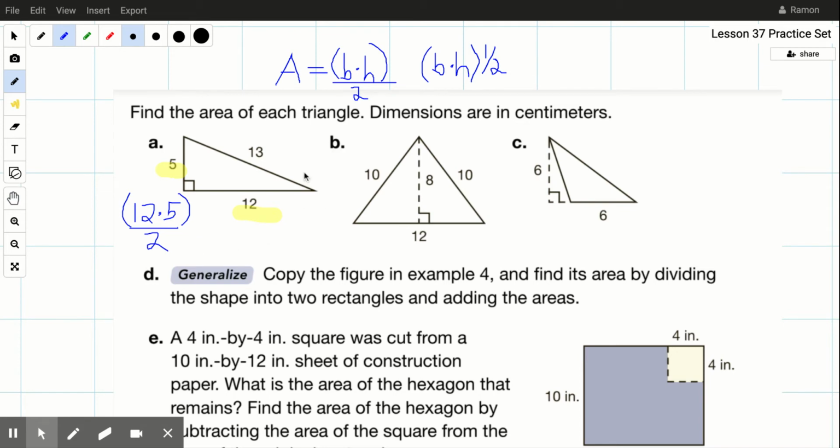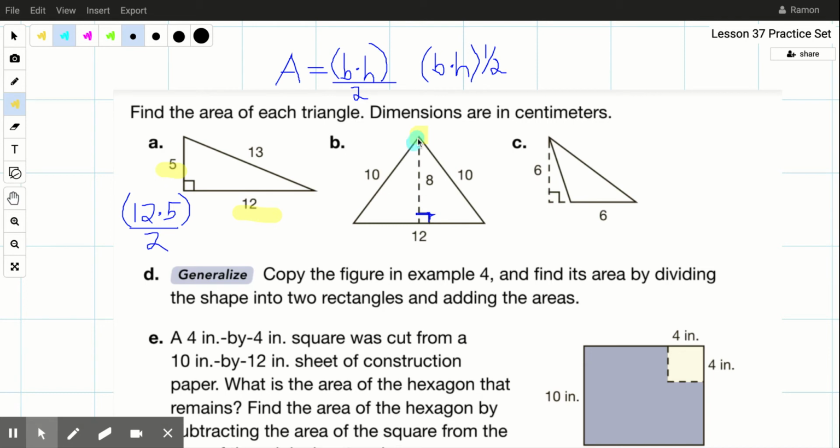For B, what we have to remember is that the height is the distance from the top vertex. So we identify the top vertex, which is here. It has to be perpendicular, which means it has to form a 90-degree angle with the base. The height has to be perpendicular to the base. So that means that not just any side of a triangle can be the height.